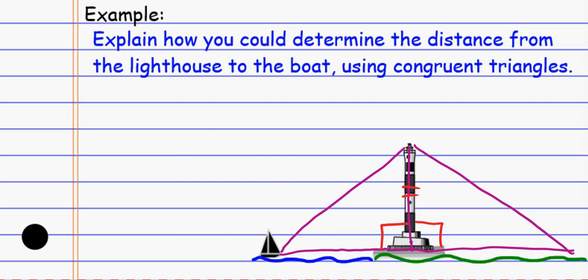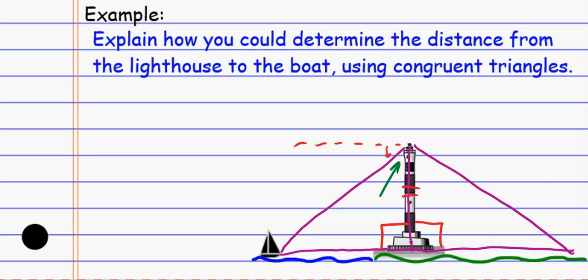The other thing that I can measure from the perspective of the lighthouse is this angle right here. I can measure that angle from the top of the lighthouse because I can strike out a horizontal line from the perspective of the person in the lighthouse, and measure downwards to see at what angle you see the boat. There are tools that can be used to do that.